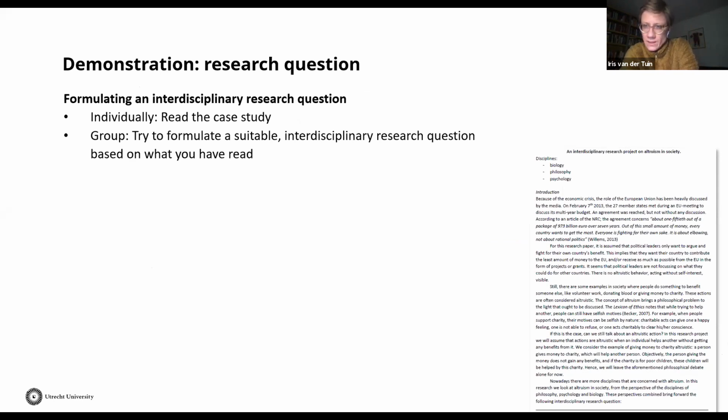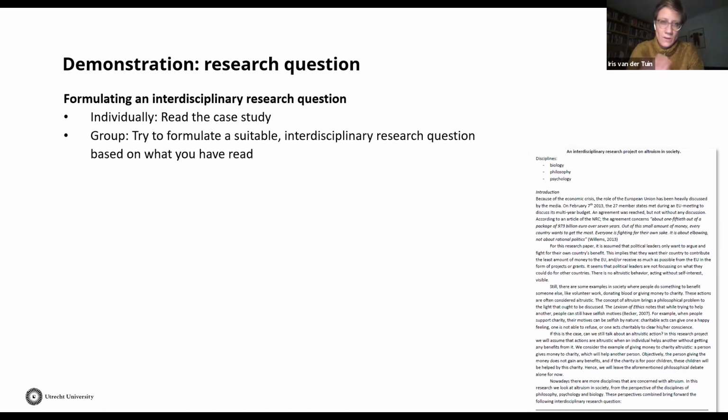First, you read it individually and you try to respond to our question, which is to formulate a suitable interdisciplinary research question based on what you've read. So you will have to read one page, and the page ends with something like, this leads us to the following interdisciplinary research question, and you will have to fill in the question.